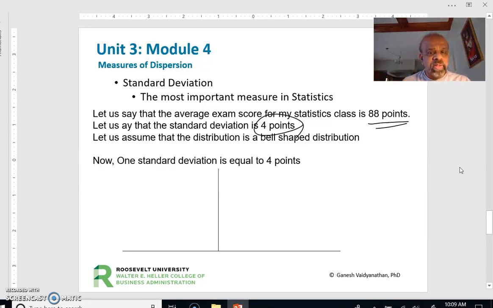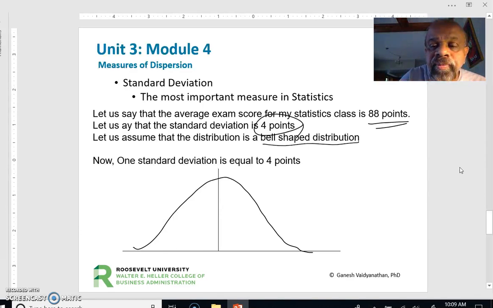And usually, most of my students get these points in a normal way. This is my normal curve. It's called the bell-shaped distribution. This is how students actually get the points.